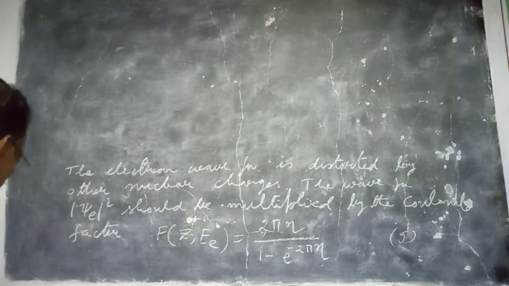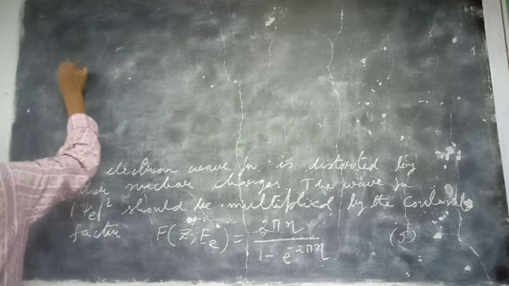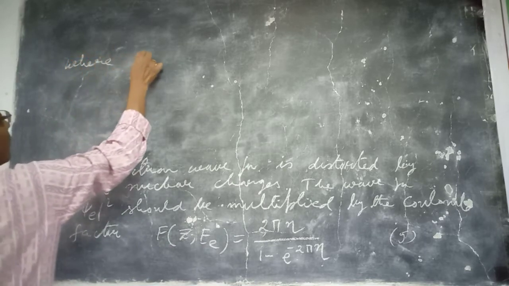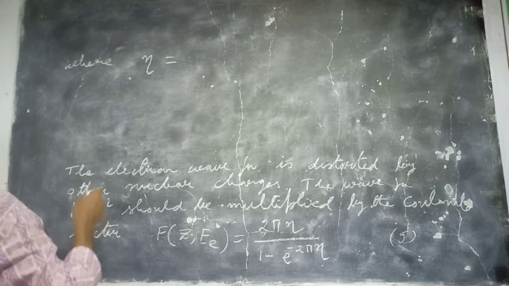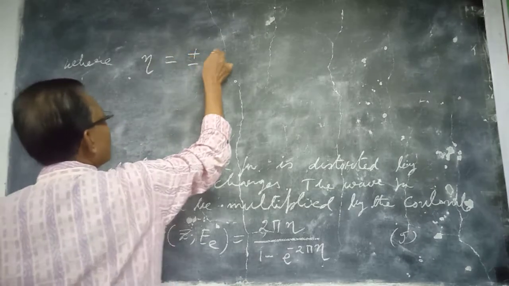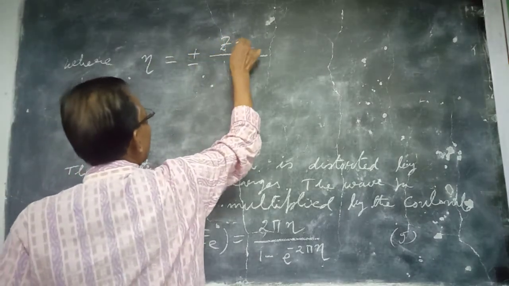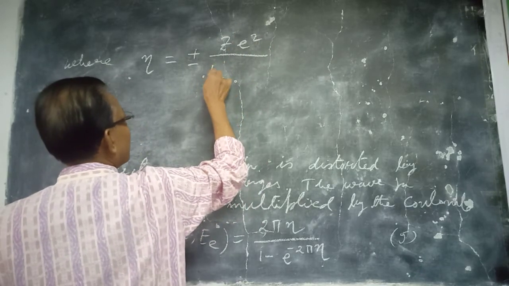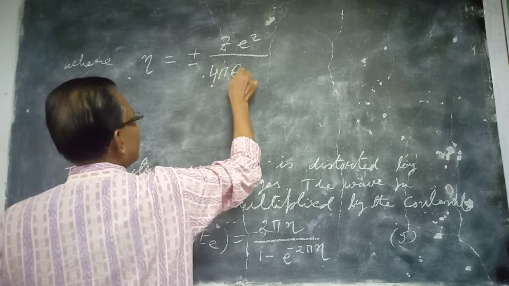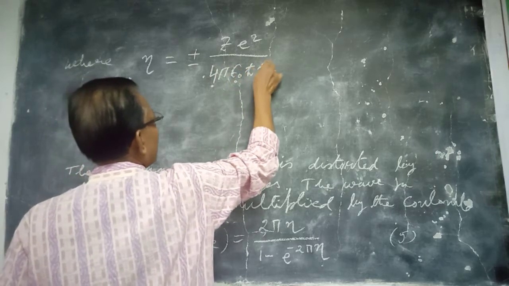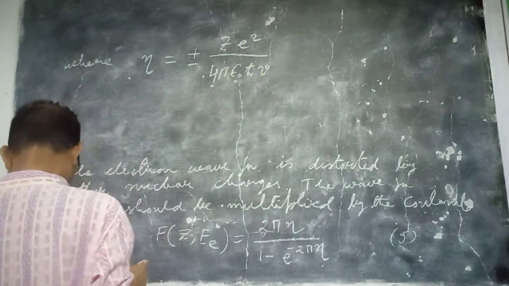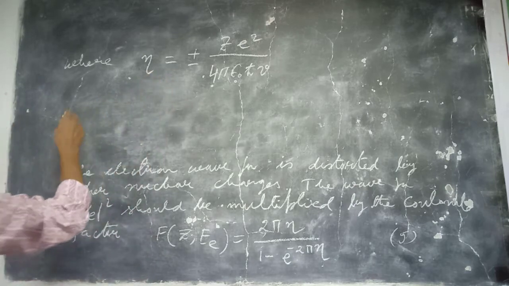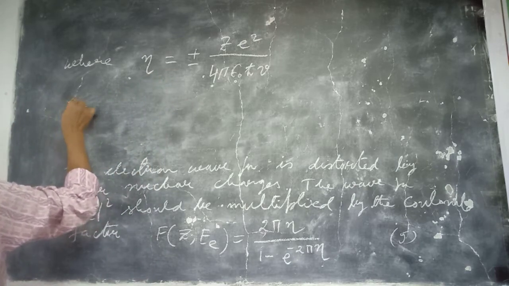Now this factor eta is equal to plus or minus Z squared over 4 pi epsilon_0 h-bar v.